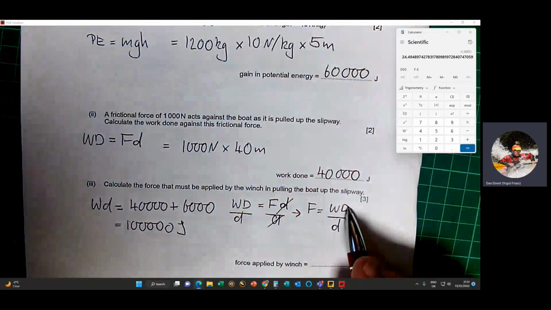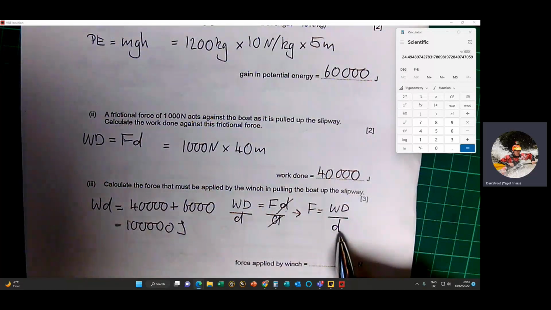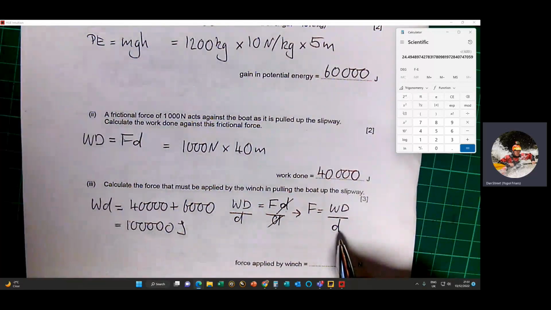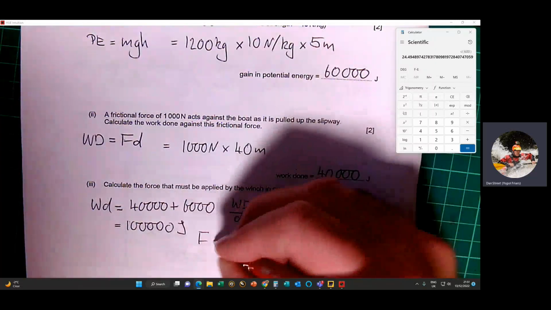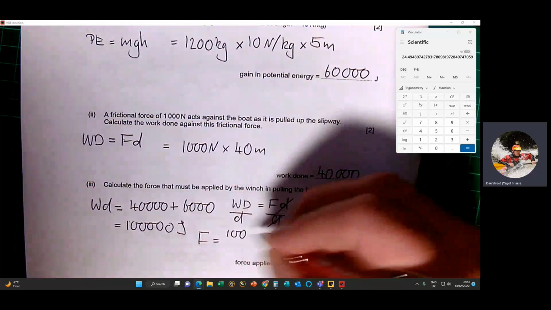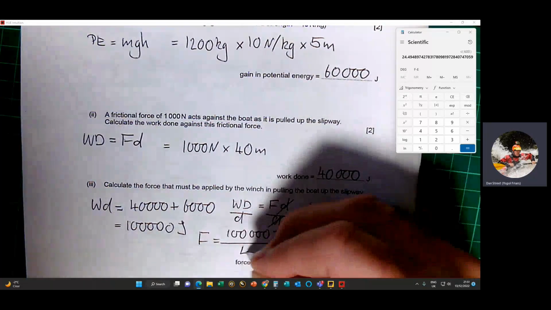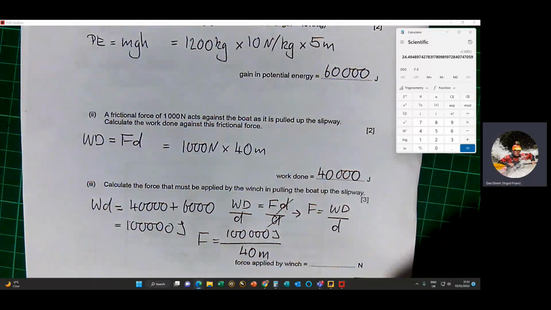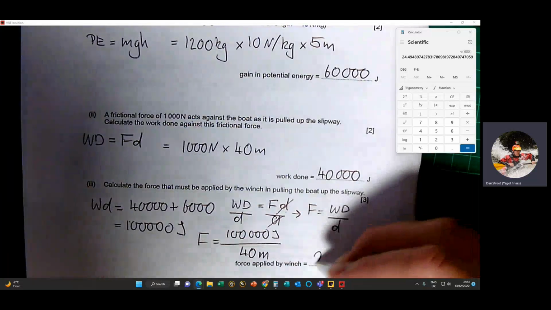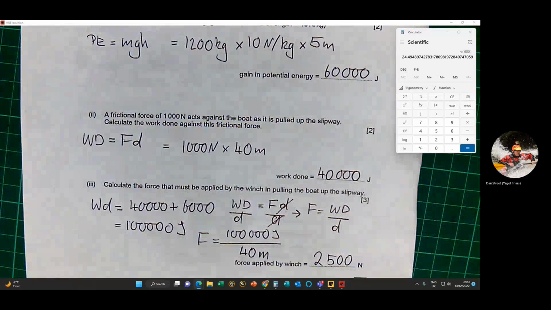So our work done in this case is the 100,000 joules, and the distance is the 40 meters that the boat has to travel up the slipway. So the force is 100,000 joules divided by 40 meters, which gives us a force of 2,500 newtons.